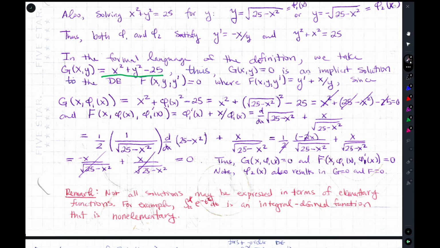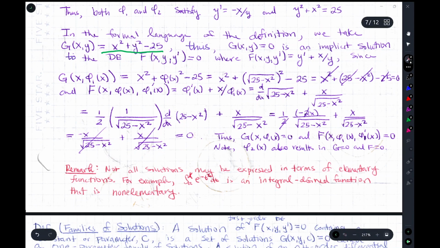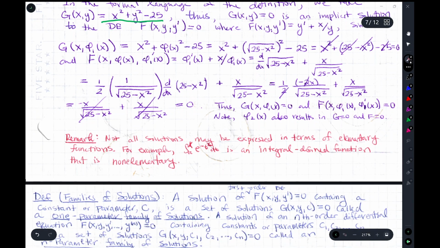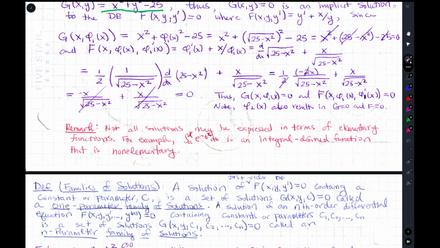That's all that's saying there. So instead of y, we plug in phi 1. We could have done the same with phi 2. And with f, we do reduce down to an identity, so it's a solution. So we reduce down to an identity, and so we have an implicit solution.